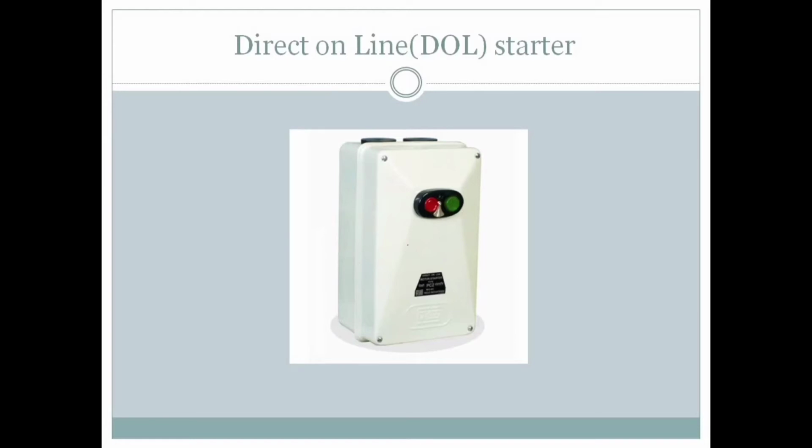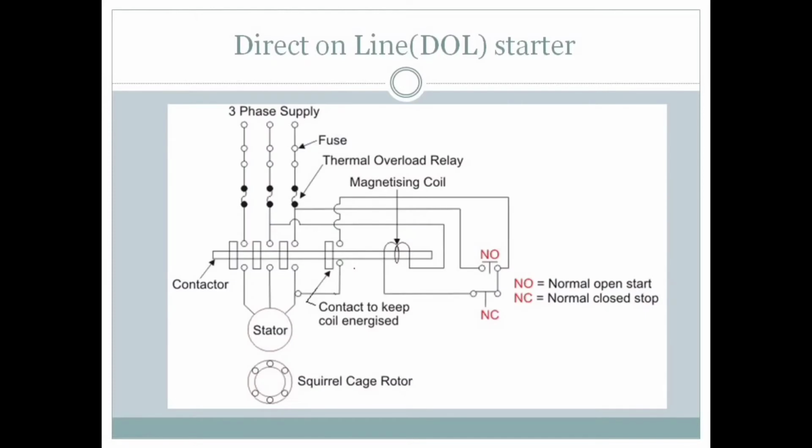So what is inside this DOL starter? Let's discuss the internal function of the DOL starter. Here we are placing the starter and the rotor of the squirrel cage induction motor.